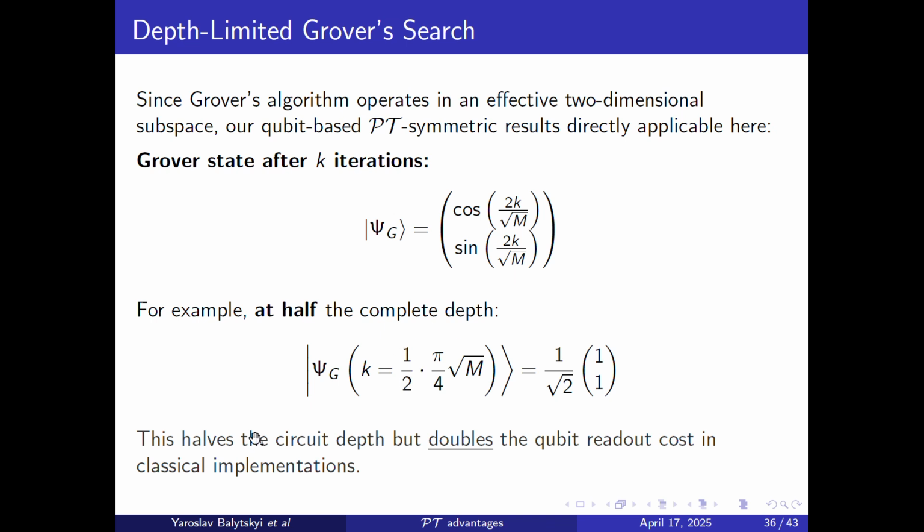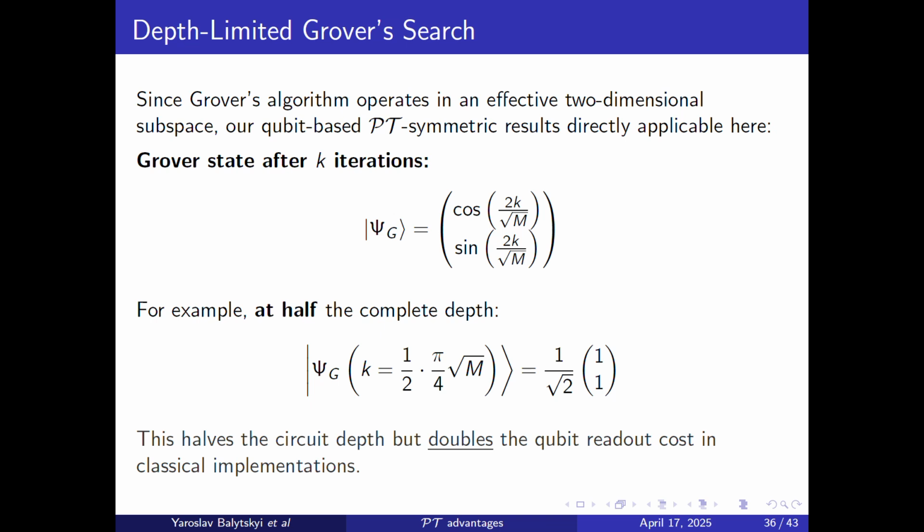But you use half of the oracle calls that are needed to run the whole Grover search. So as a result, the number of oracle calls is exactly the same as in the original Grover search algorithm, but the depth is reduced 2 times. However, at the same time, what does it do?